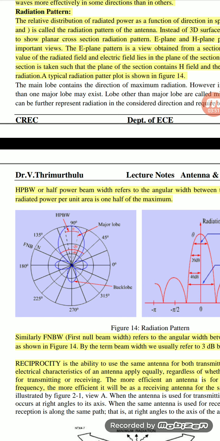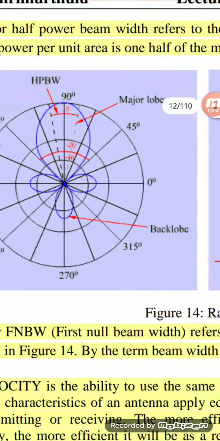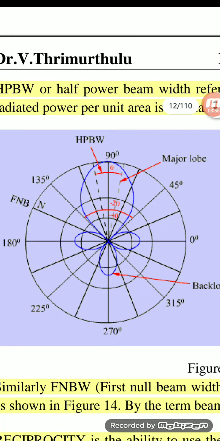The antenna is totally 90 degrees, and 45 degrees and 135 degrees. Nearly 180 degrees. See theta to minus 20, minus 40, that is in dB.